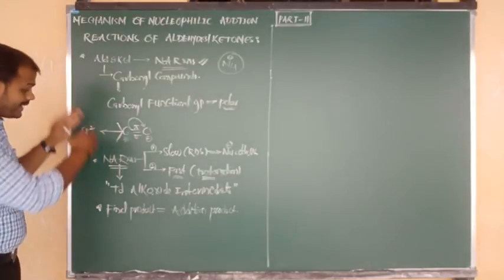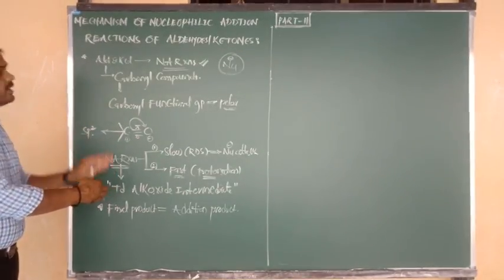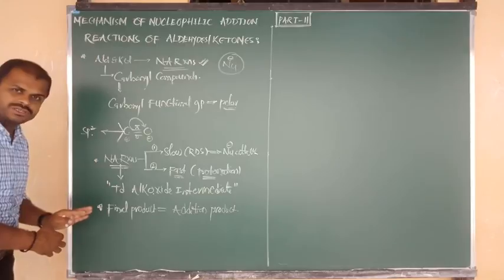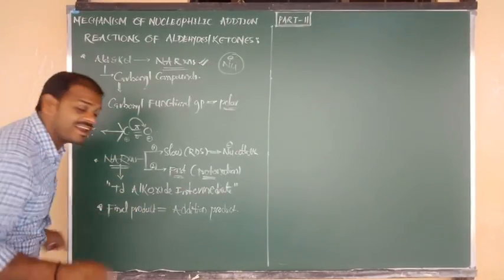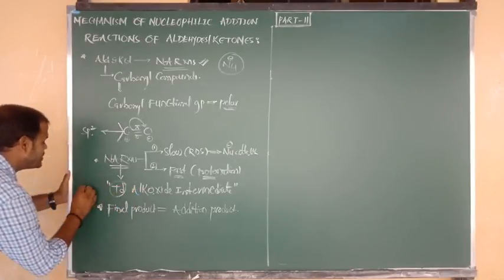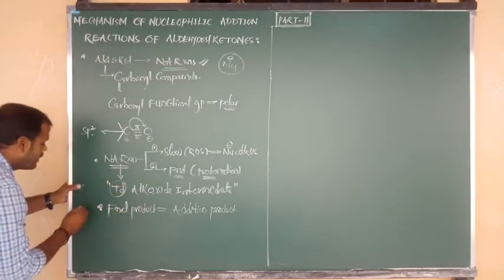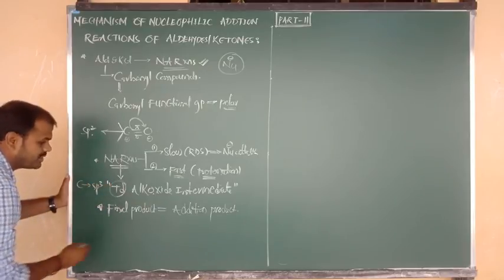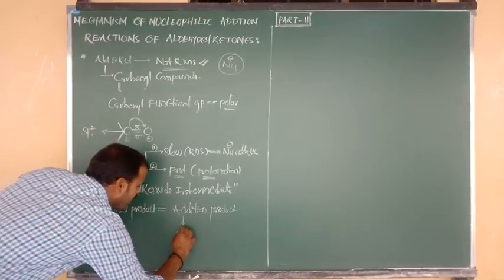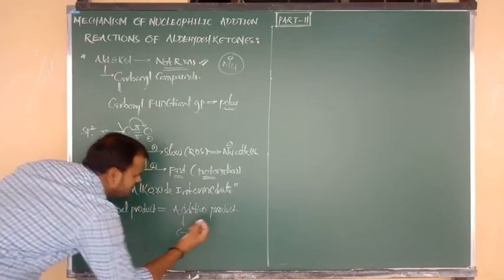But when they participate in a nucleophilic addition reaction, they change into the intermediate tetrahedral form. Tetrahedral means what hybridization? In this intermediate, carbon has sp3 hybridization, and in the product also carbon has sp3 hybridization.